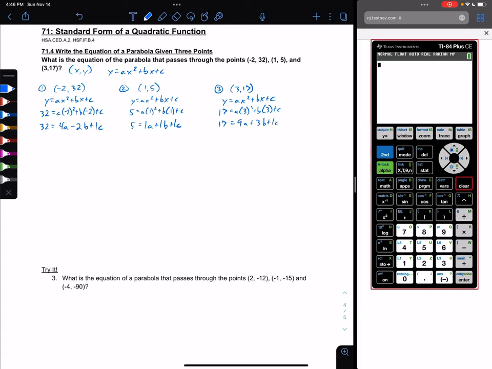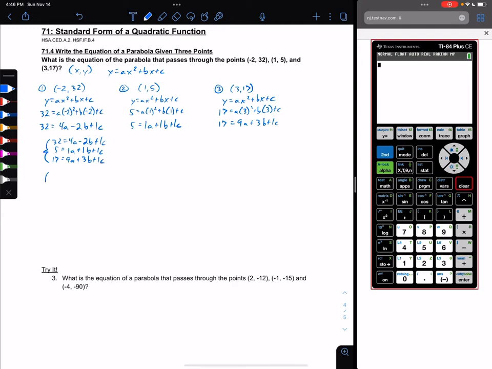And now I have 3 equations. You might realize that we can make these a system. I can write these out as a system of equations: 4a minus 2b plus 1c equals 32, 1a plus 1b plus 1c equals 5, and 17 is equal to 9a plus 3b plus 1c.